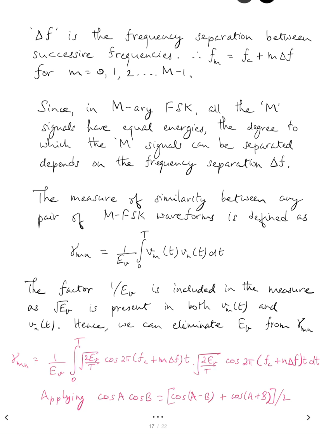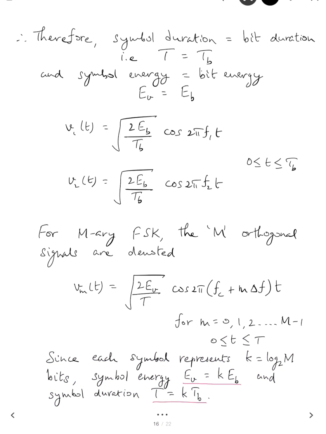Now we simply introduced this term here, 1 by Ev. It's a factor that has been introduced to cancel out the Ev that we're going to get in this product. Because if you notice our representation for Vm of t, it's got a root Ev in the numerator, right? So when I multiply Vm with another Vm, root Ev into another root Ev will become Ev. That is simply the energy of the signal, and because we have all signals of equal energy, that is not going to affect the orthogonality, the inner product.